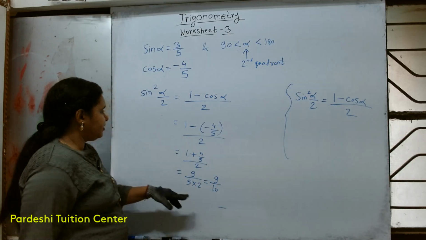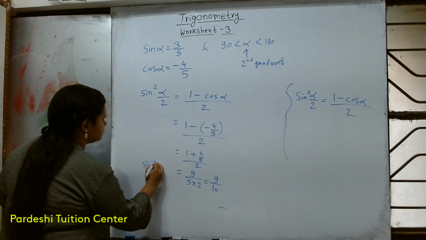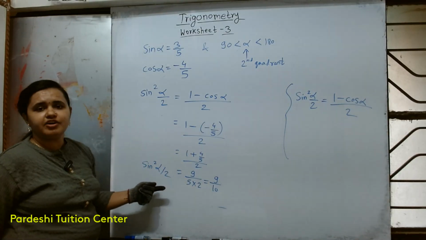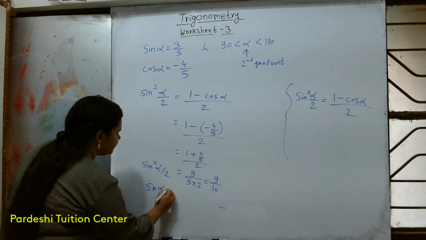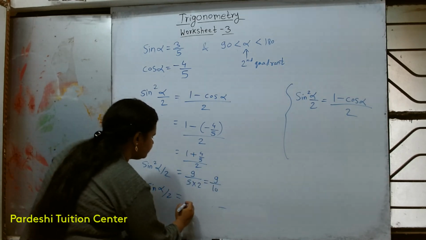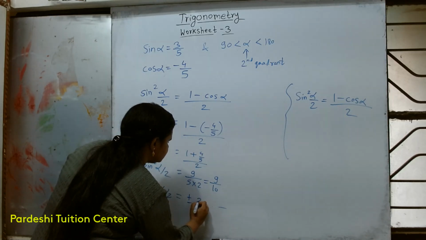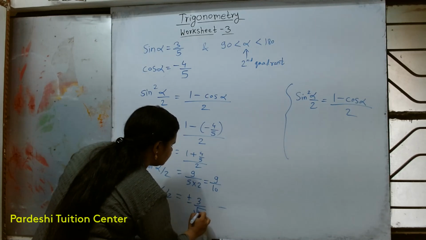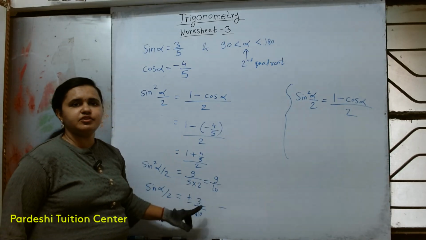But this is the value of sin square alpha by 2, and we want sin alpha by 2. So taking square root on both sides, sin alpha by 2 equals plus minus 3 upon under root of 10. 9 is the square of 3, so under root of 9 will be 3.